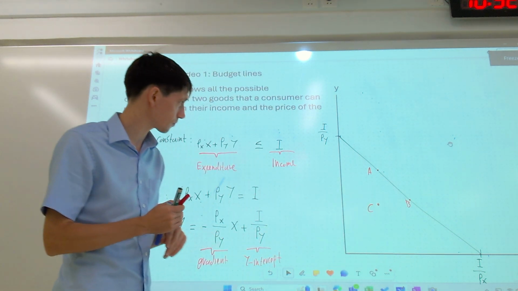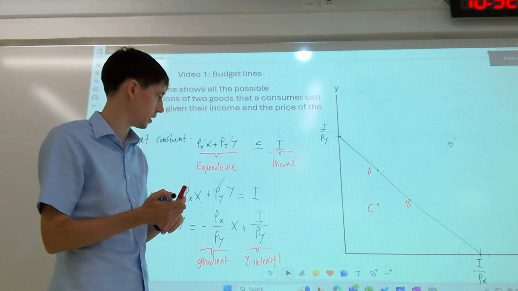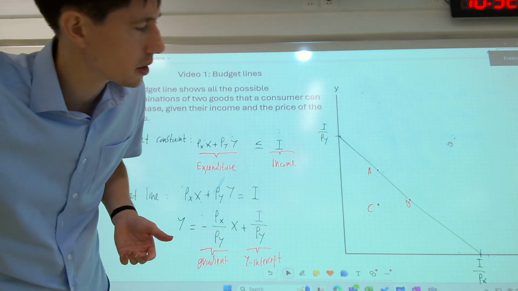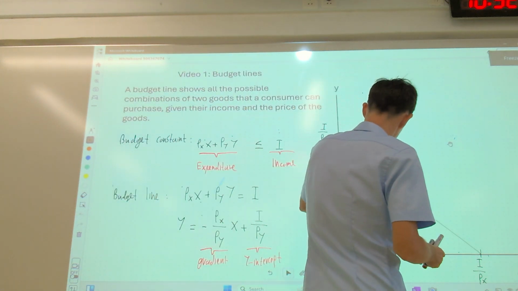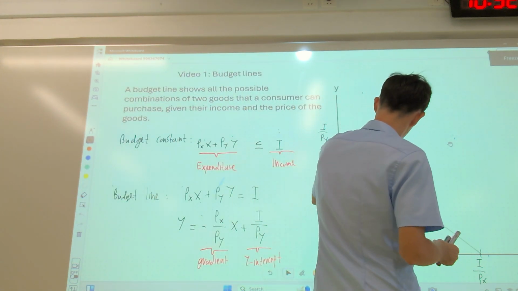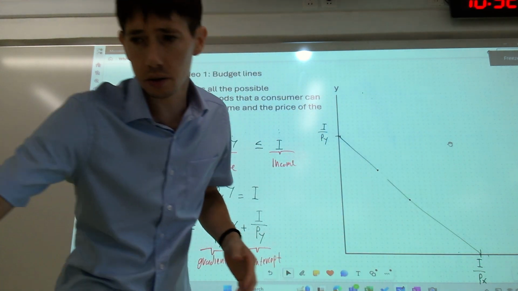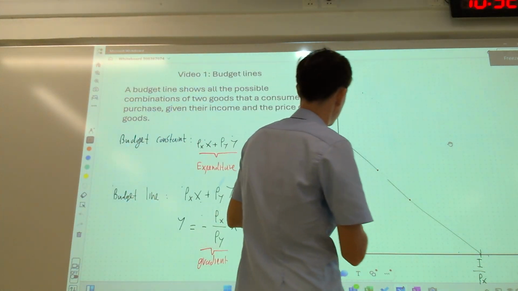Right? Okay? So the other thing that we can look at here is the gradient. What does the gradient of the budget line represent? Well, the gradient can be explained by thinking like this.